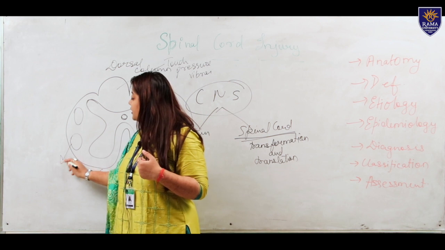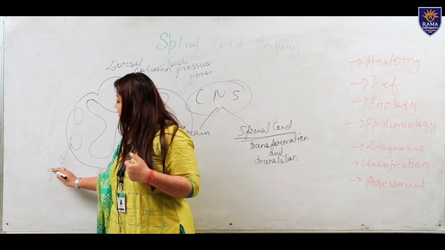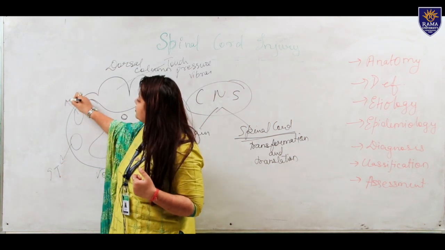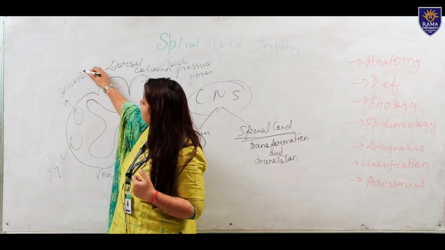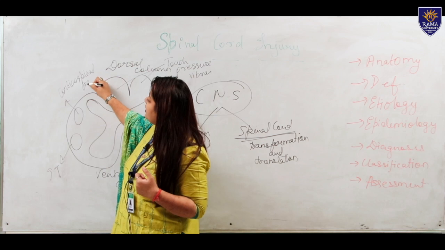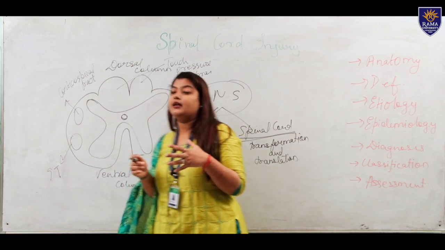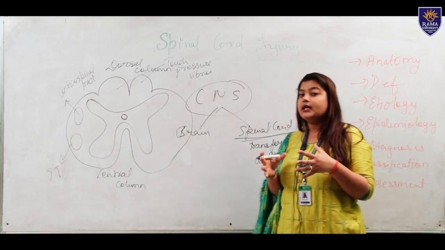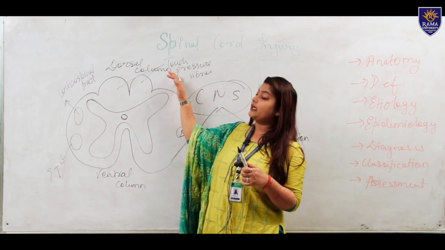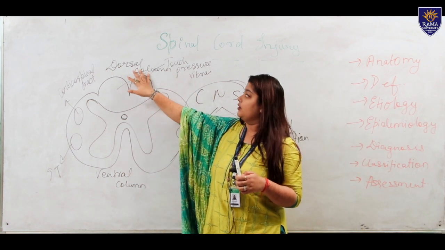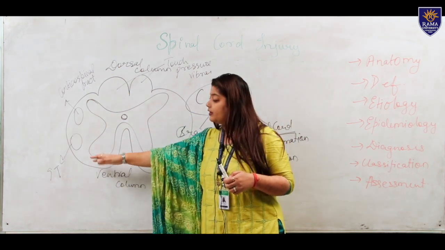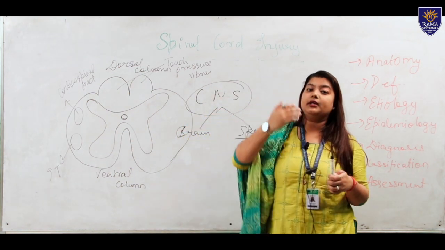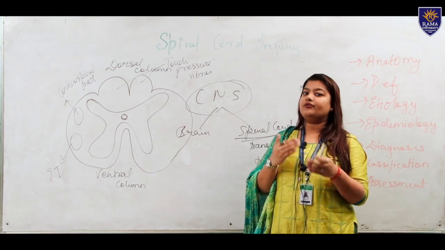This is called the spinothalamic tract, the ST tract, and this is called the corticospinal tract. When we study the various classifications and differentiations of spinal cord injury, these terminologies like touch, pressure, vibration, dorsal column, ventral column, corticospinal tract and spinothalamic tract will come into differentiation.